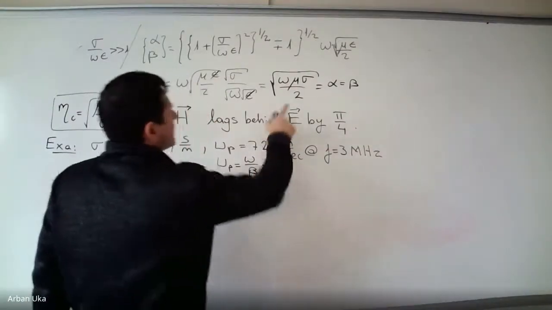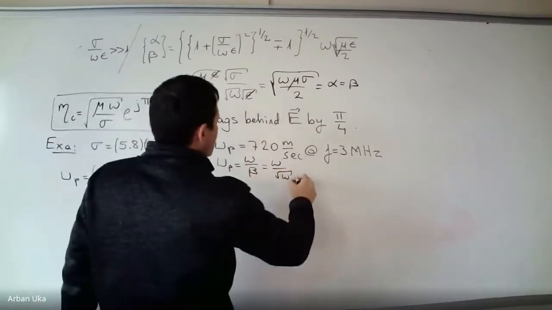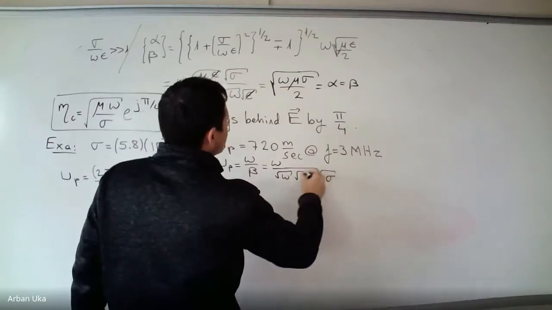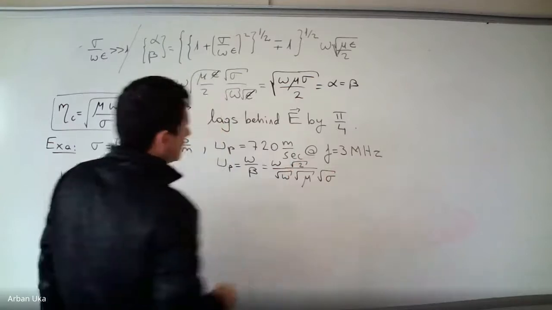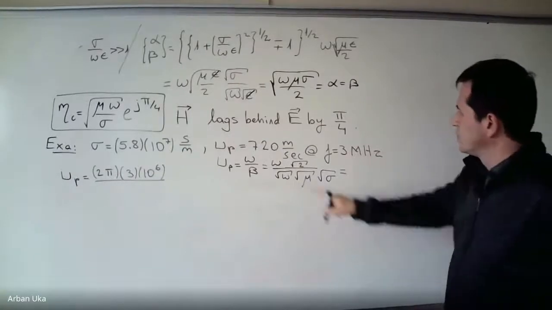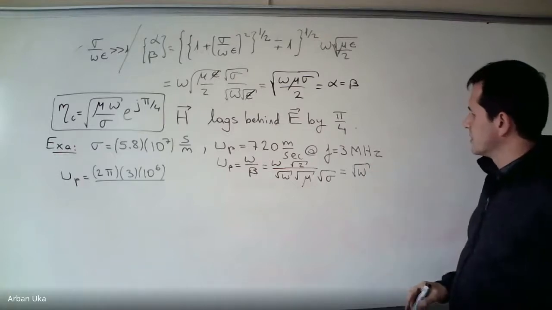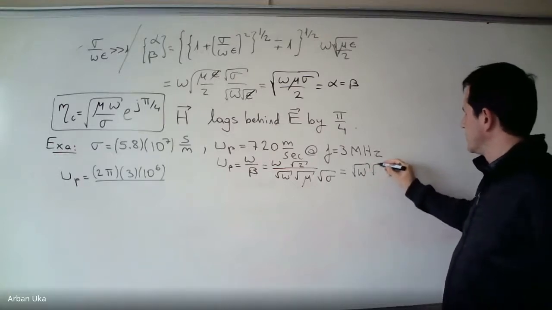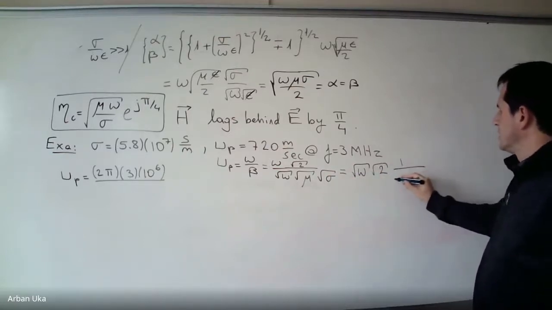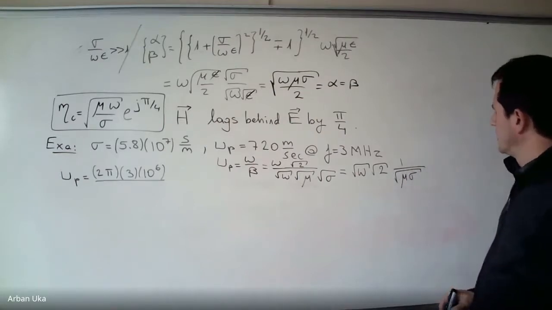So this is omega, and we divide by the square root of omega, divide by the square root of permeability, divide by the square root of sigma, and the square root of 2 comes up here. So we get the square root of the angular frequency, we can put a 2 here, and we divide by the square root of mu sigma.